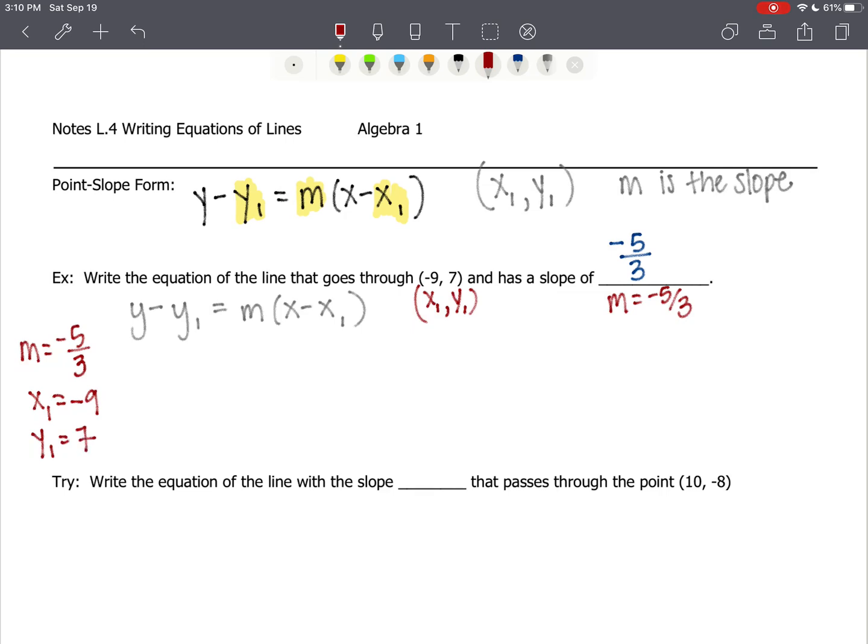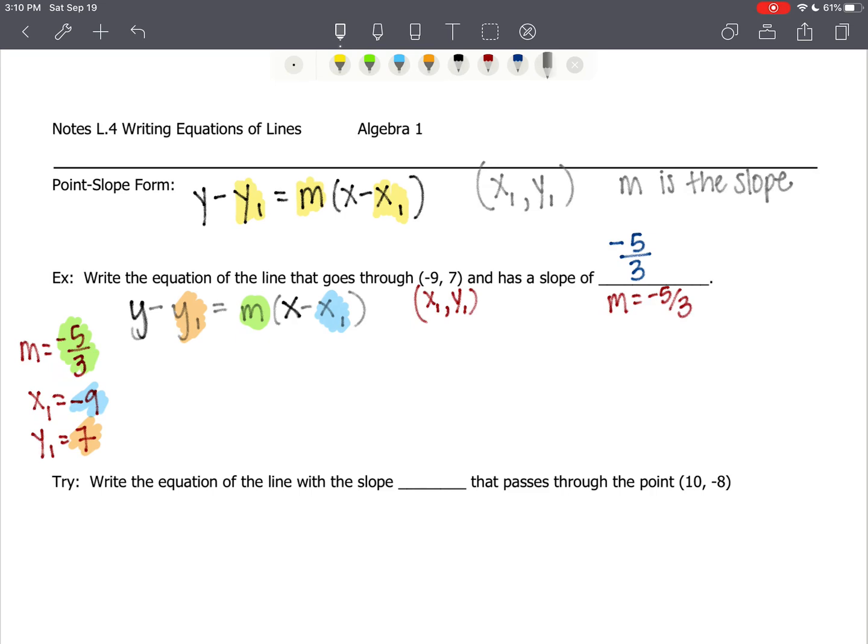Now I'm going to plug all these values in. -5/3 is going to go in for m. -9 is going to go in for x1. And then 7 is going to go in for y1. So our input and our output, x and y, will remain.